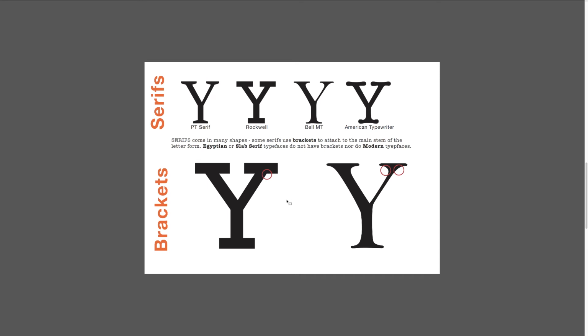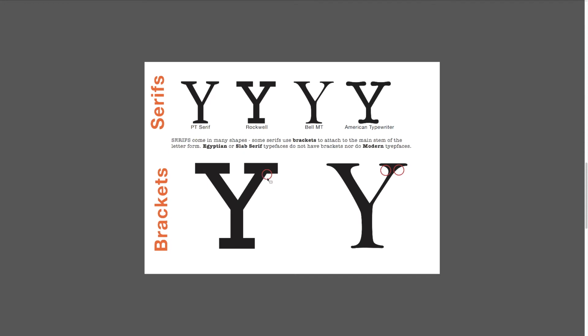And then this page refers to serifs and brackets. You'll see that serifs really give a typeface a particular look and feel and functionality. So start paying attention to what kind of construction those serifs have. And brackets are essentially where the serif gets connected to the stroke.